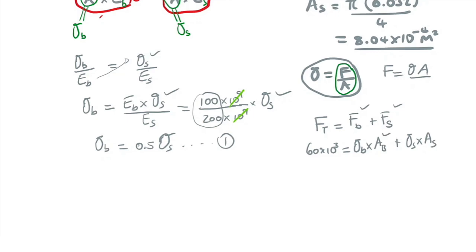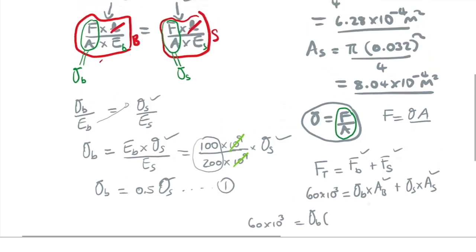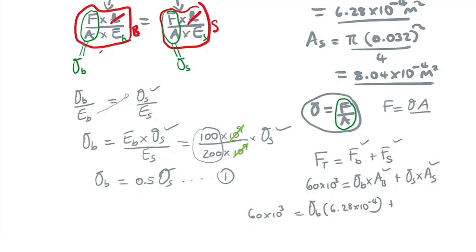Then we have the areas here. It is 60 times 10 to exponent 3 is equal to, we put back the stress for the brass, then the area for the brass, plus the stress for the steel, then the area for the steel, which is 8.04 times 10 to exponent negative 4, close bracket.